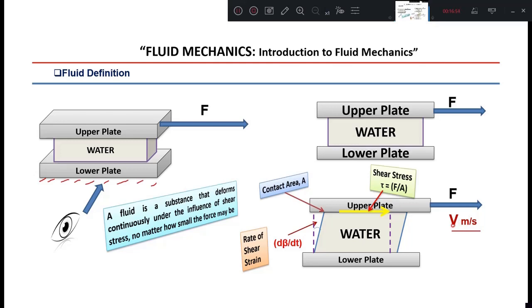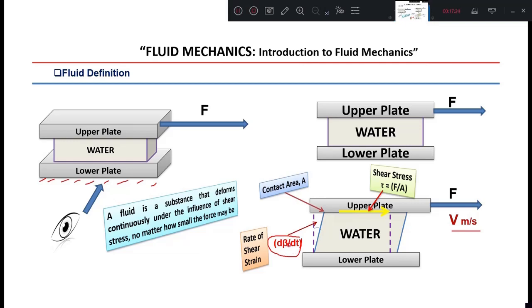So here we can say the rate at which the fluid is deforming is characterized by d beta by dt, which indicates that the amount of angular deformation, or rate of shear strain, is proportional to the magnitude of shear force applied. I'll repeat.